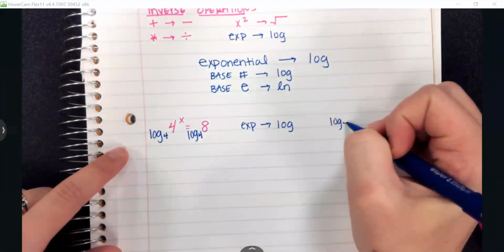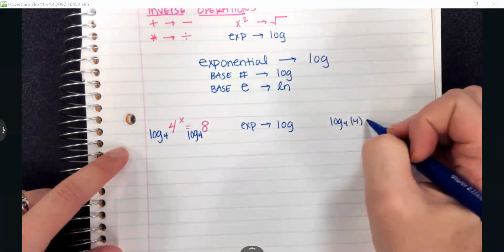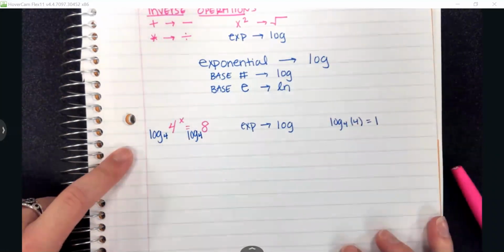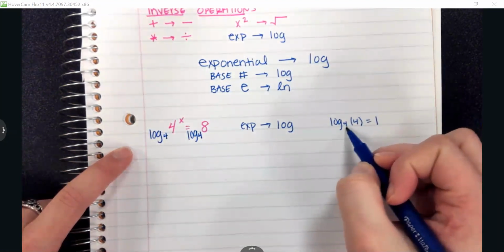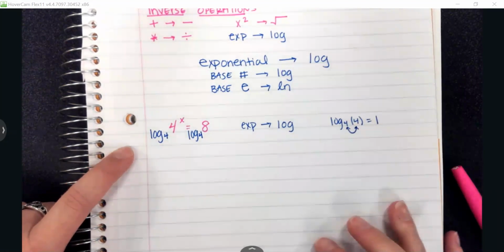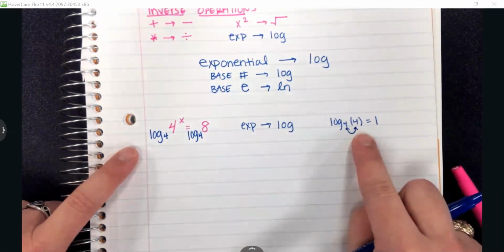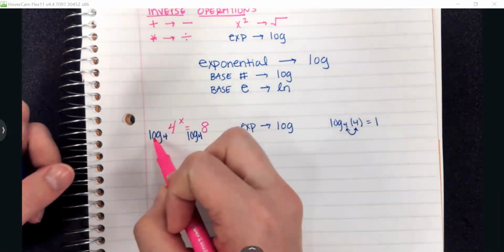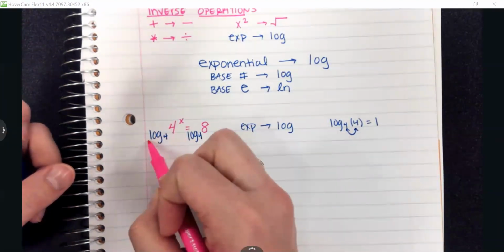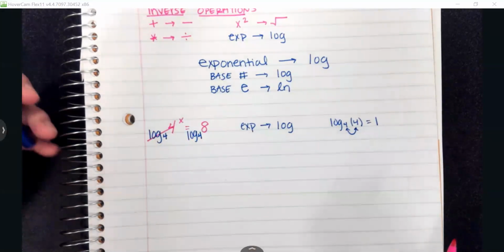Log base 4 of 4 equals 1. What is log base 6 of 6? 1. What is log base x of x? 1. Okay? So when these match, your base and your number inside, that equals 1. That's how we're able to cancel these out, because log base 4 of 4 is 1.